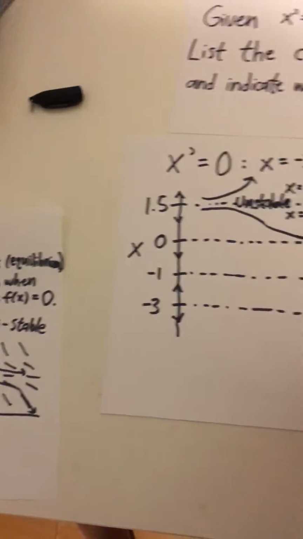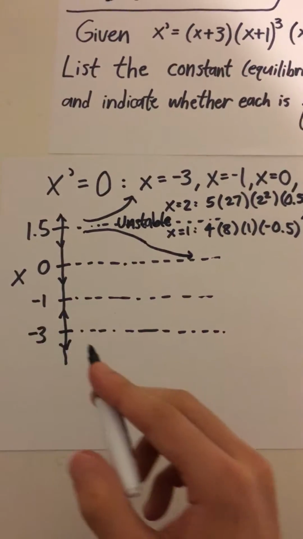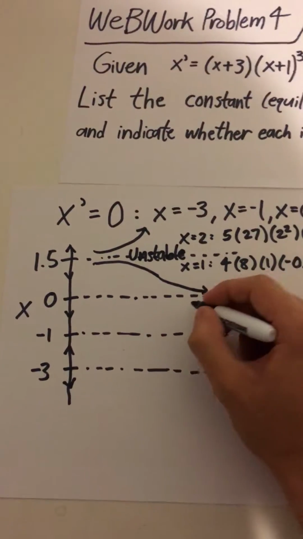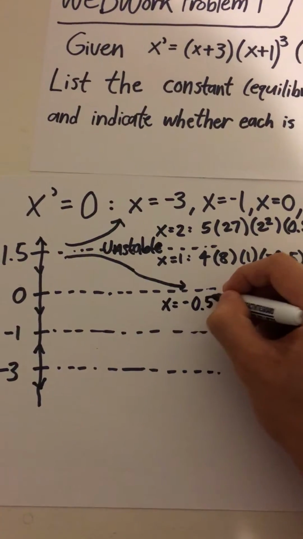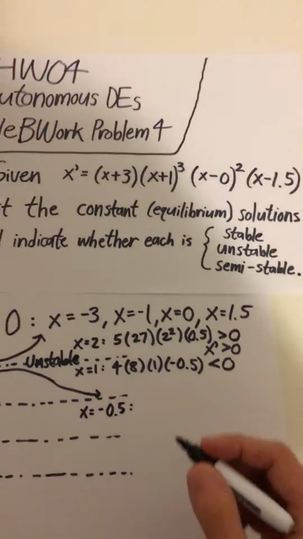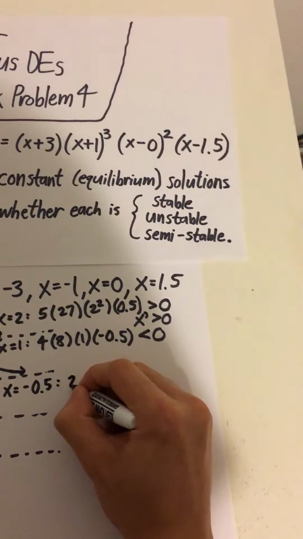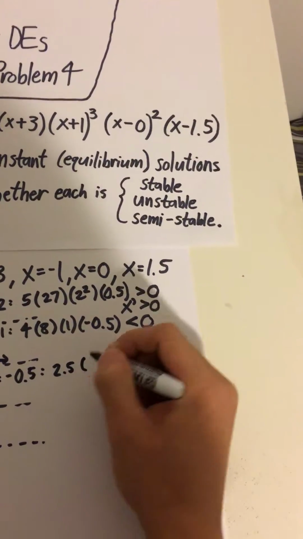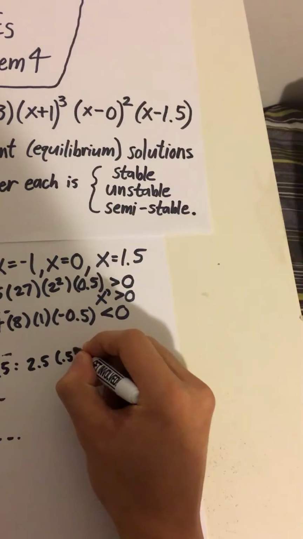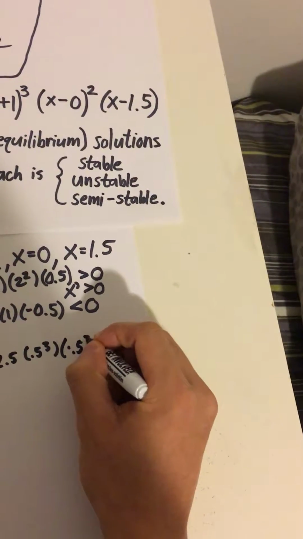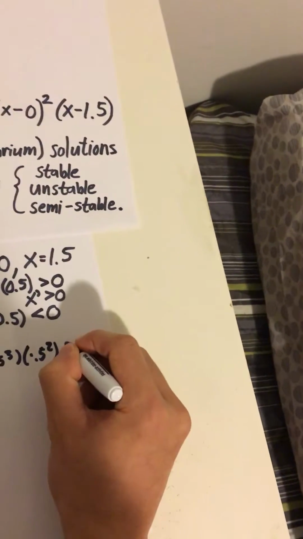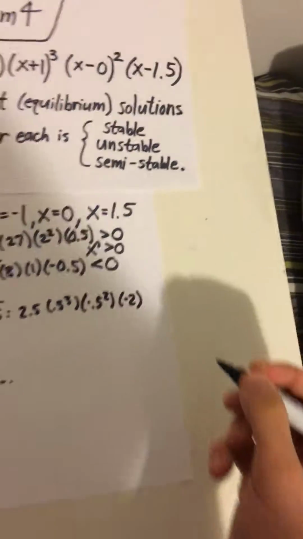Now let's look at the case between 0 and negative 1. Let's say x is equal to negative 0.5. Then we plug it back up there, and we get 2.5 times 0.5 cubed times negative 0.5 squared times negative 2.